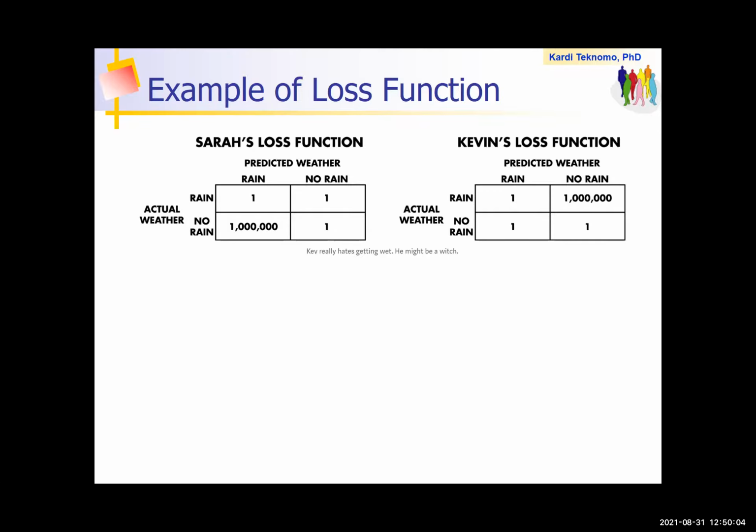If it is rain and rain, if it is correctly predicted, what will be the loss value, the cost? If it is incorrect, what will be the cost of that? Then this is what is called the loss function: a cost for each possible combination of the actual result and the predicted result.